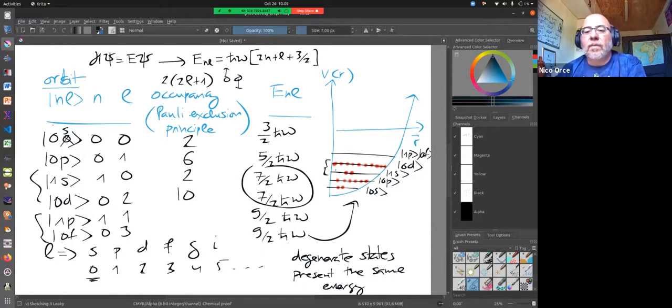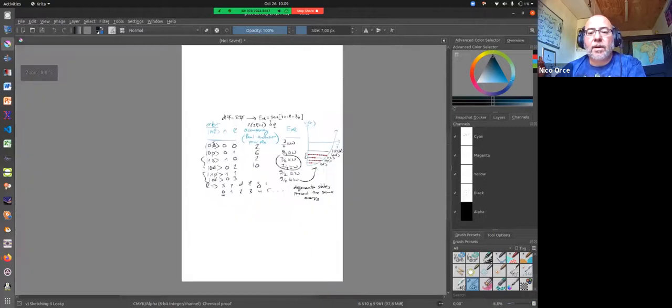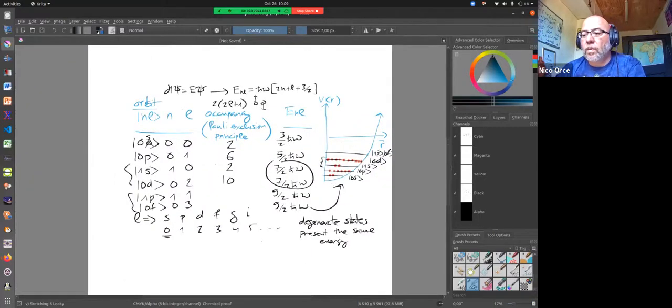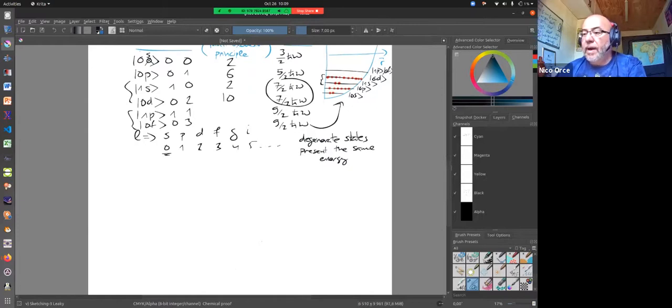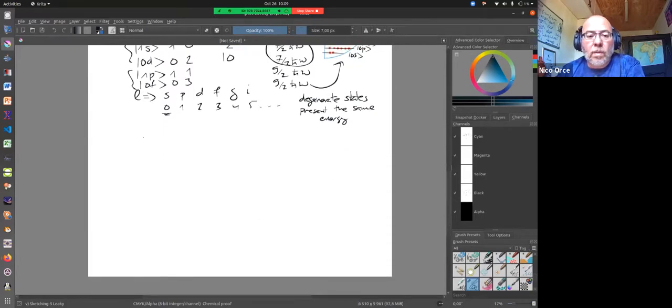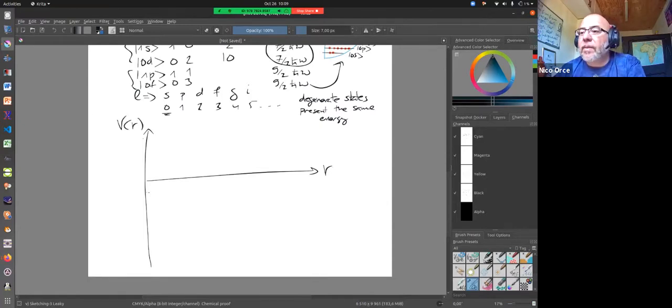And so let's write it down properly. So we have a Hamiltonian with a potential V(R) which is a harmonic oscillator, right? And then we have all these levels here.